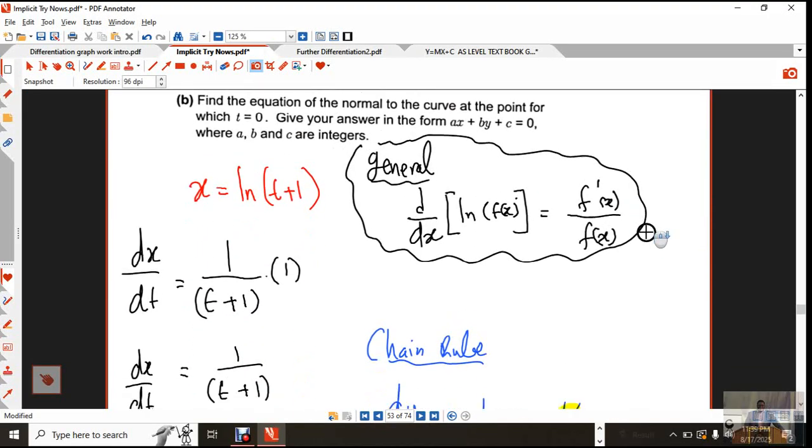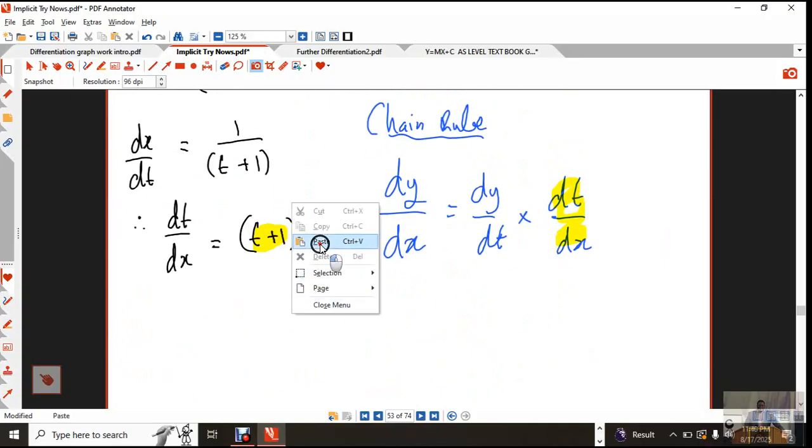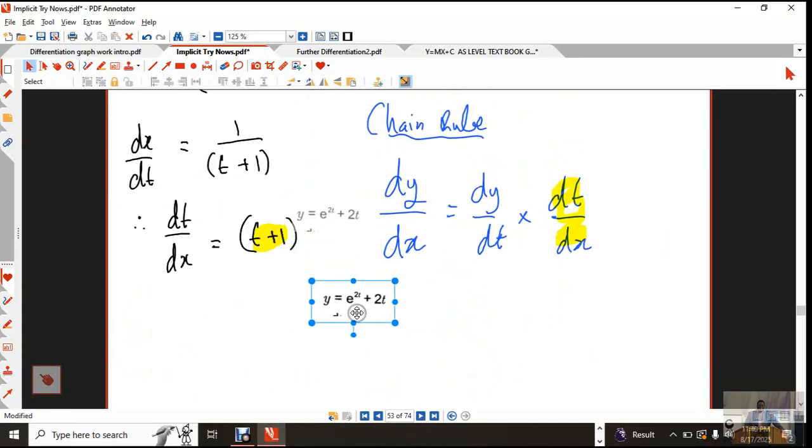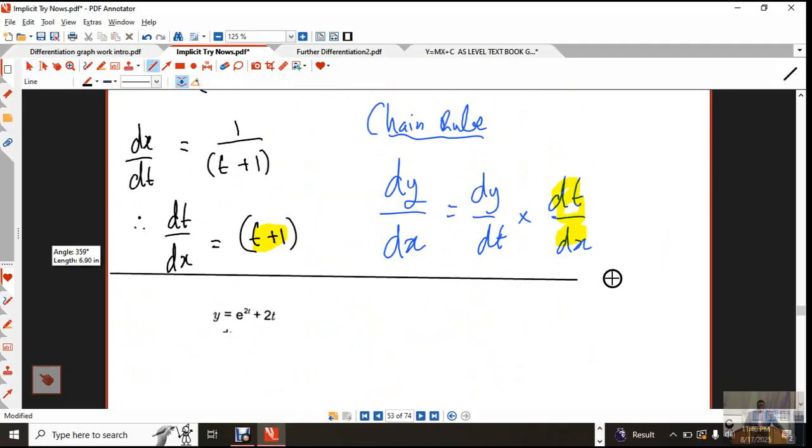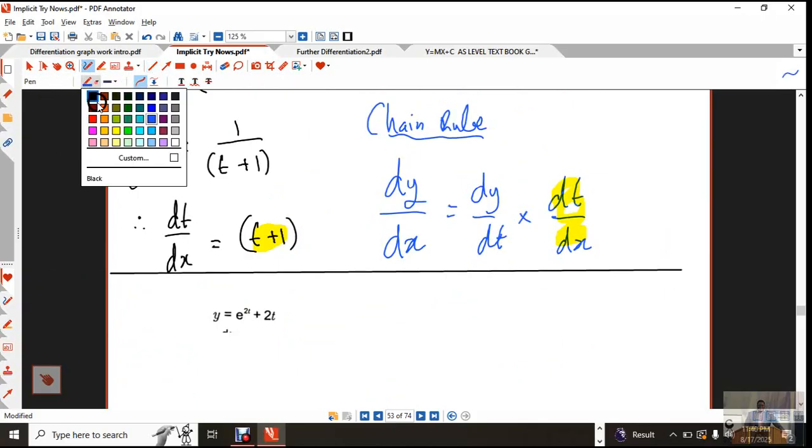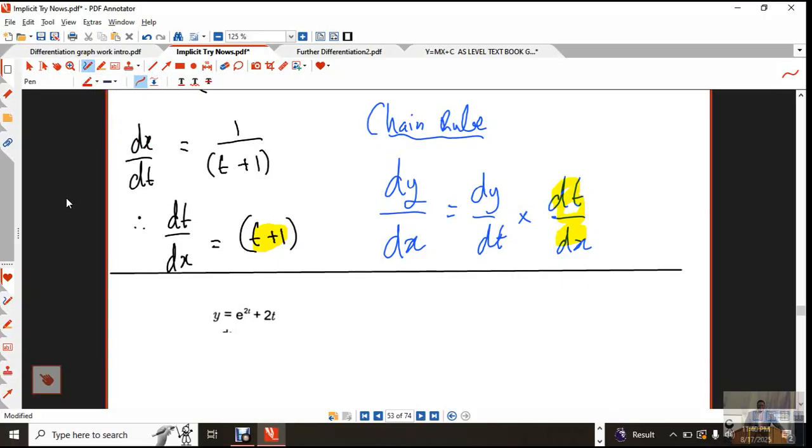If this is y, then dy/dt is going to be the derivative of that, which is 2e to the 2t plus the derivative of 2t, which will just be 2. Okay, so this is dy/dt, the one over here.